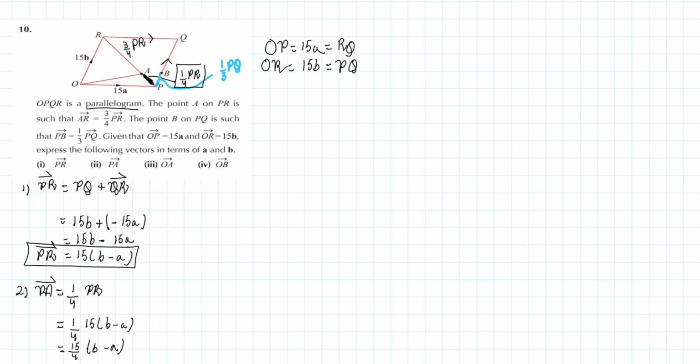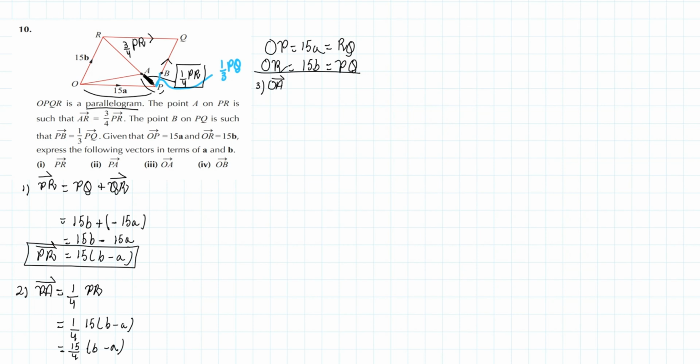Now part number 3, I will do right at the top. Okay, you have to find what? OA. For OA, you have to move from O to P and then P to A. From O to P, the length is 15.